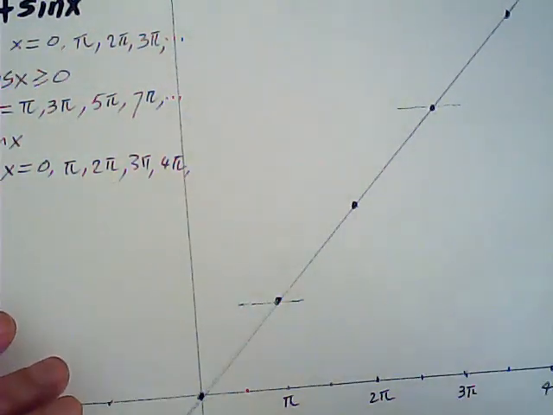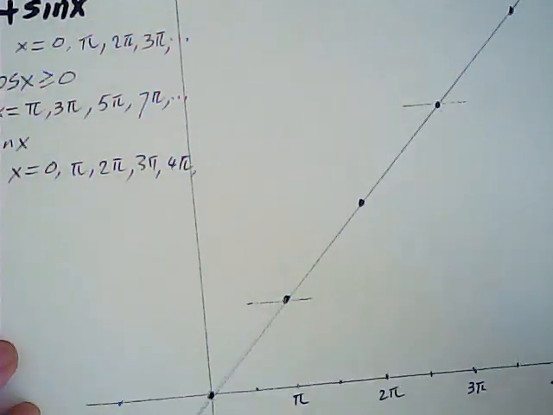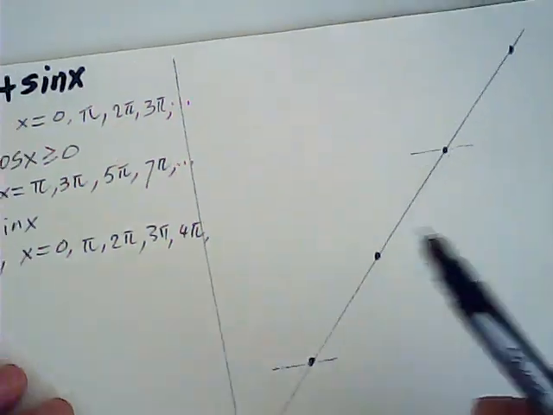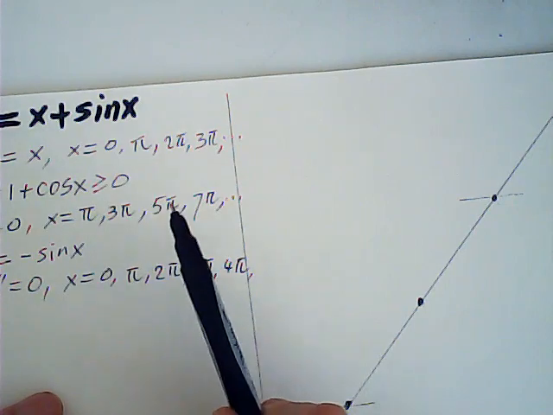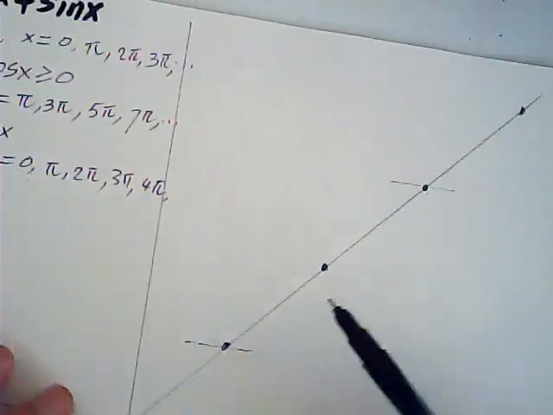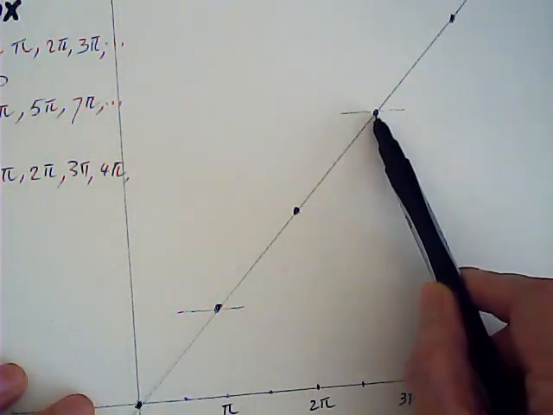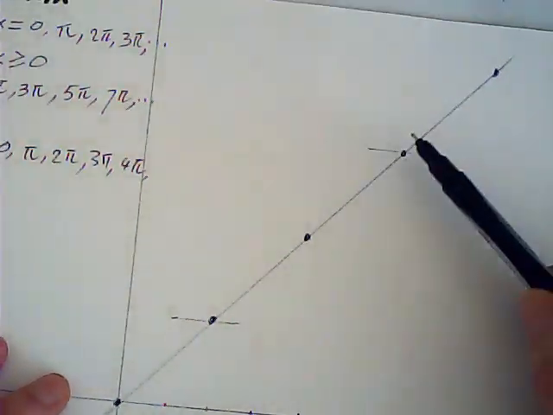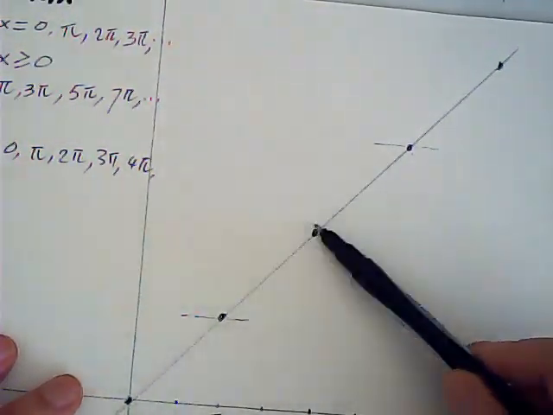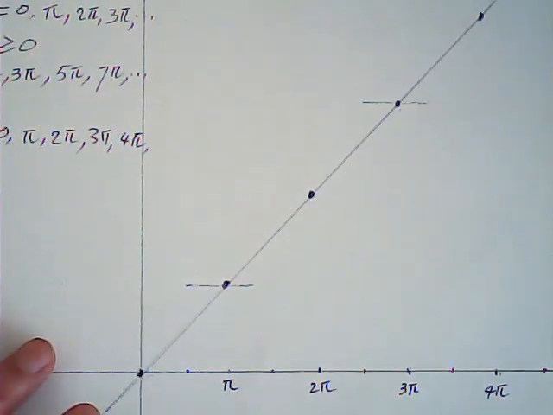Okay, now we can sketch the curve. The curve is non-decreasing, the curve has horizontal tangent lines at these points, and the curve passes through these points on the line y equals x, right? So we can sketch the curve now.